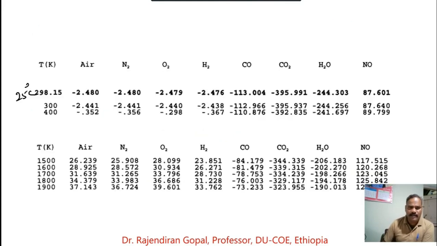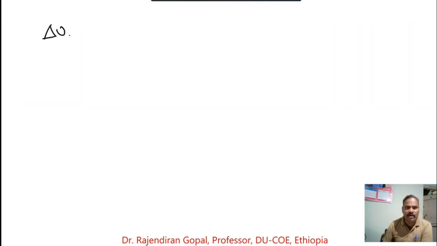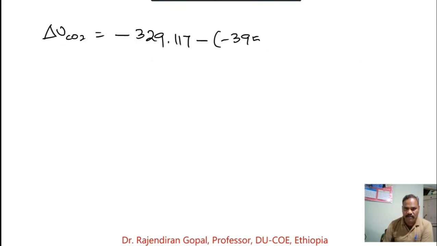From the internal energy table, at 1800 CO2 is minus 329.117. So delta U of CO2 is equal to minus 329.117 minus, at 298, minus 395.991.